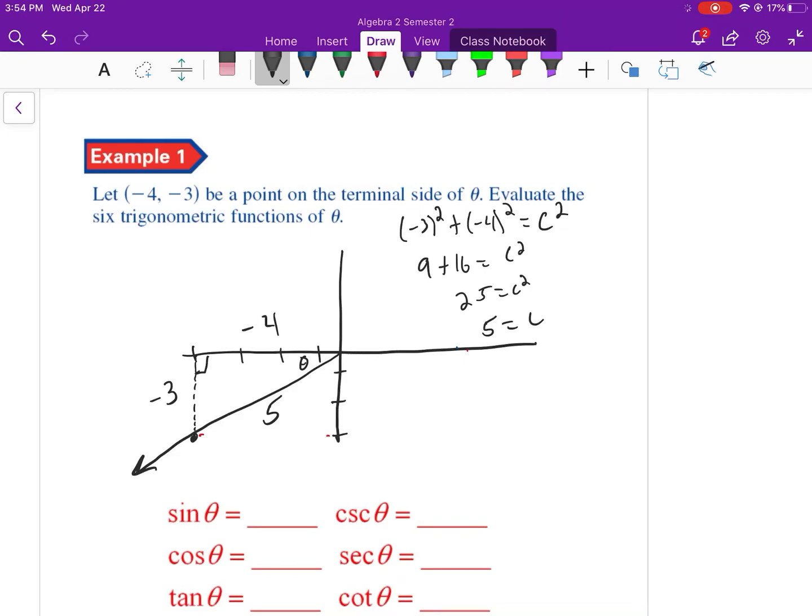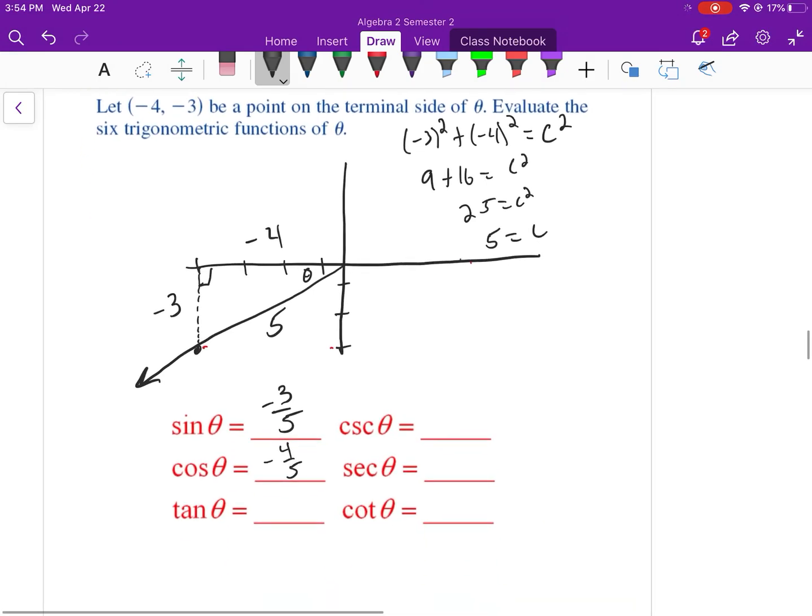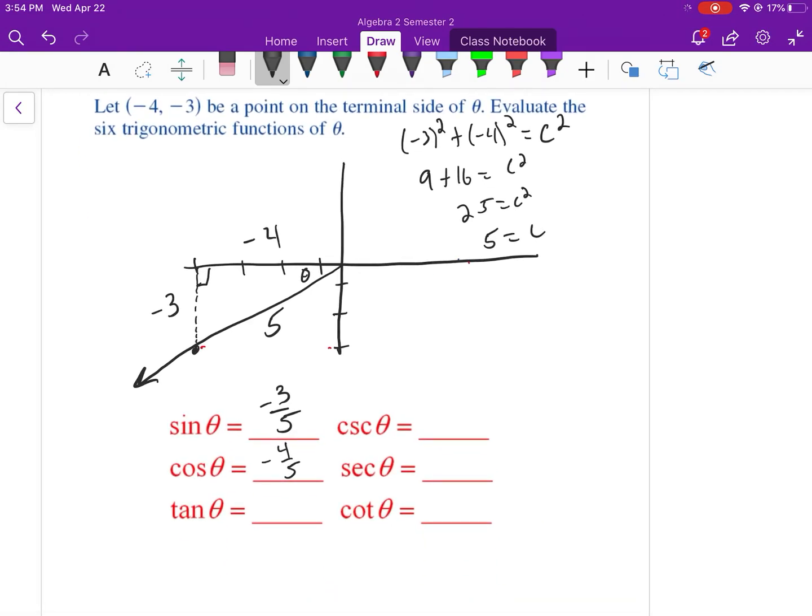Sine is opposite over hypotenuse, which gives -3/5. Cosine of theta is adjacent over hypotenuse, so -4/5. Tangent is opposite over adjacent, so -3 over -4, or +3/4.